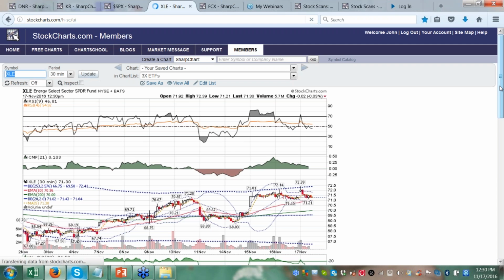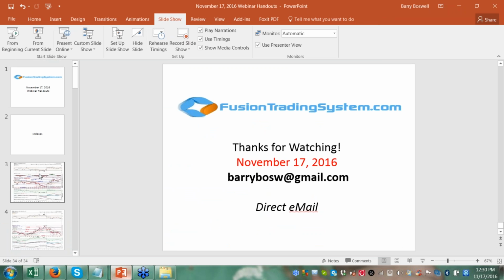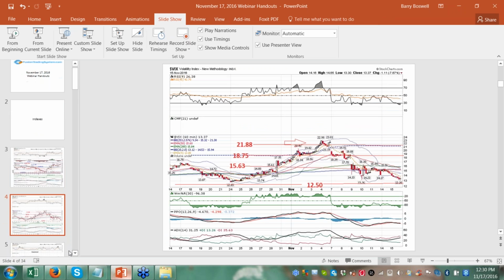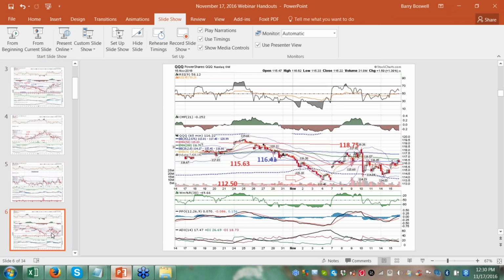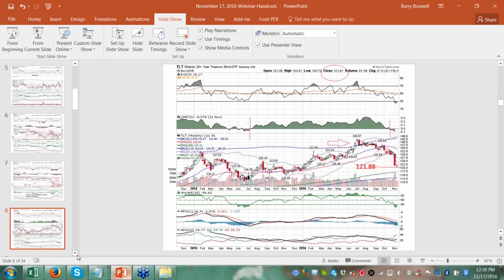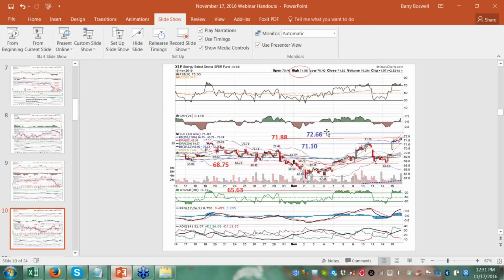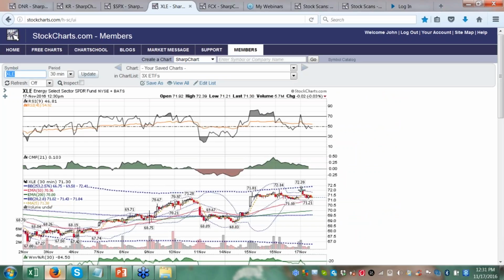Then if we look at the XLE, take a look here at something. We'll look at the TLT in a minute. Where's the XLE? Okay. The line is 72.66. All right, so it fell within, what, 26 cents of that 72.66 line.